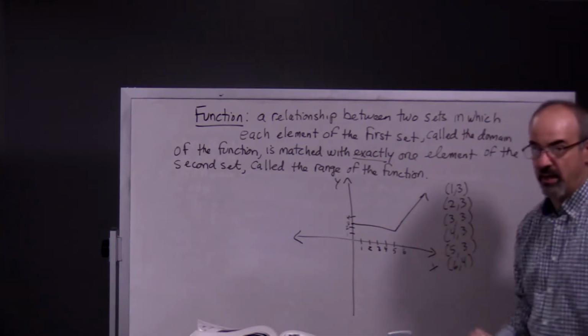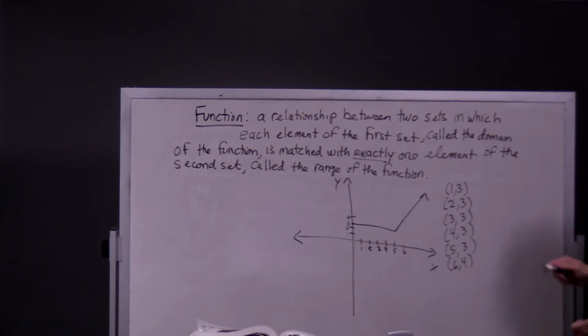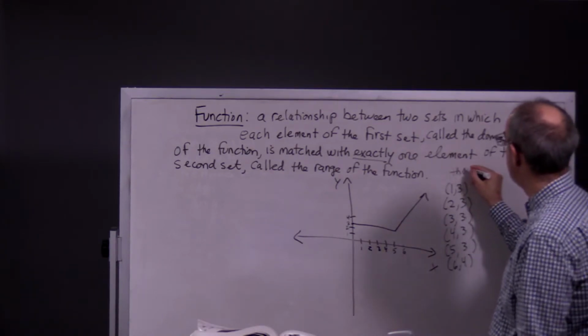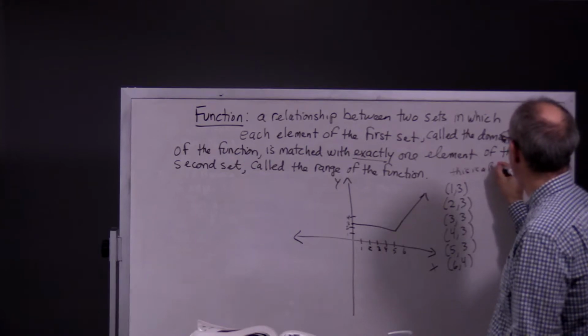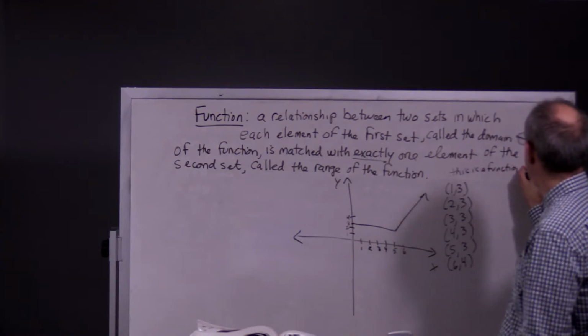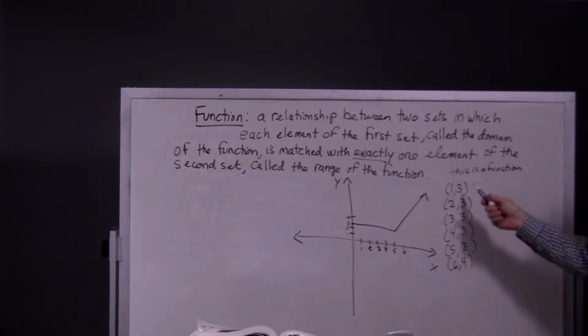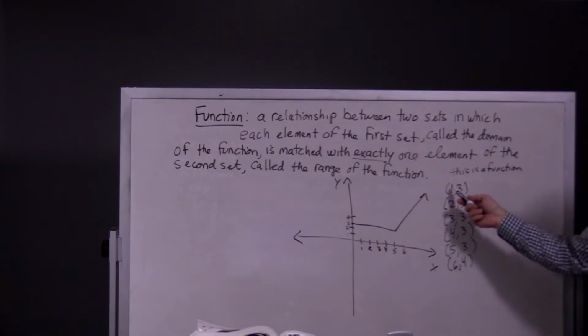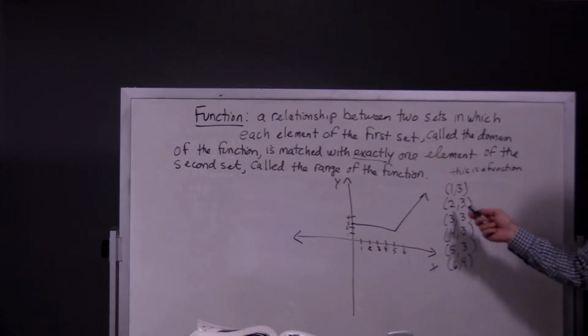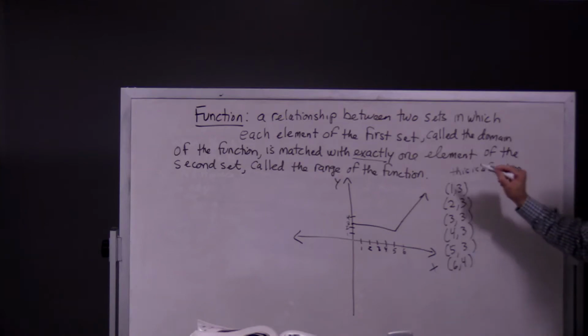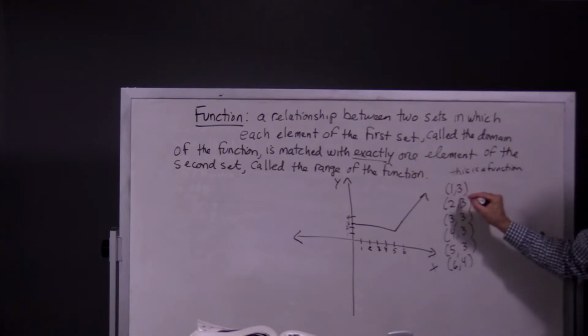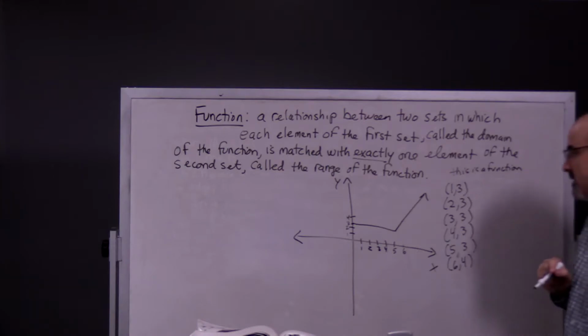And you can see it keeps climbing. Well, so we said this is a function. So you notice the y values can be the same. When x is 1, y is 3. When x is 2, y is 3. Still, every element of the first set is being matched with exactly one element of the second set.